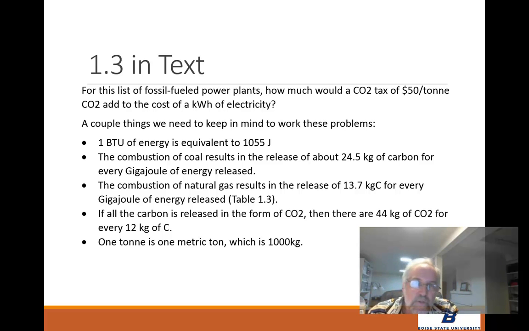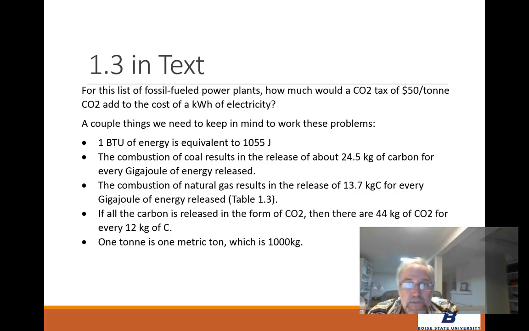But all the fossil fuel conversion techniques result in the emission of carbon dioxide. So we have to walk through that, and it all depends on the heat rate of the power plant and the fuel that's being used. So here's a couple bullet points that you need to keep in mind as you work on the problem. A BTU of energy is equal to 1,055 joules of energy. Combustion of coal results in the release of about 24.5 kilograms of carbon for every gigajoule of energy released.